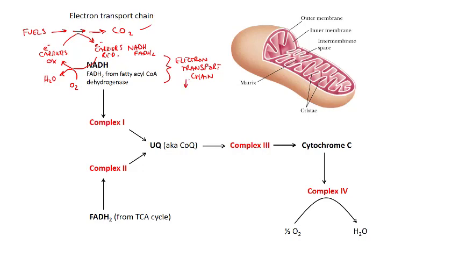But the electron transport chain's function is to oxidize the electron carriers NADH and FADH2 and reduce oxygen. And in the process of doing this, we will harvest energy.